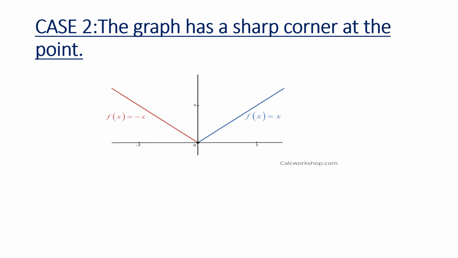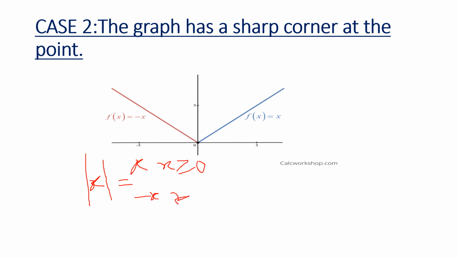The next situation is when the graph has sharp corners at points. As we can see for |x|, the modulus function, the value will be equal to x for x positive and it will be -x for x negative.